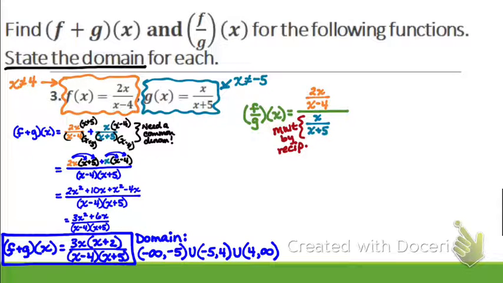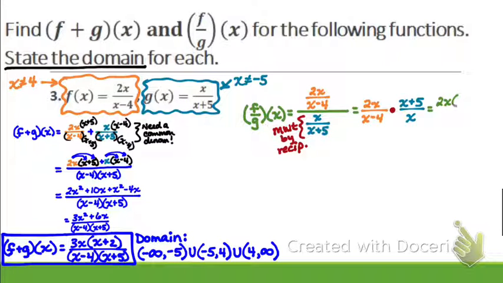So I'm going to rewrite that numerator just the same. That's going to stay 2x over x minus 4. We are going to multiply by the reciprocal here, so x plus 5 over x. And then we multiply straight across.